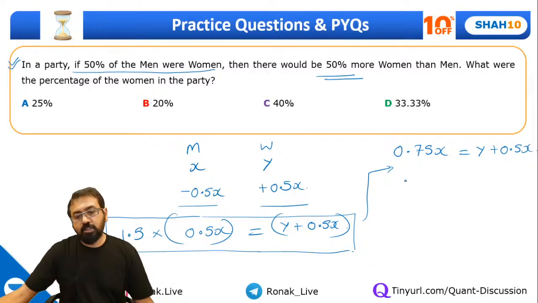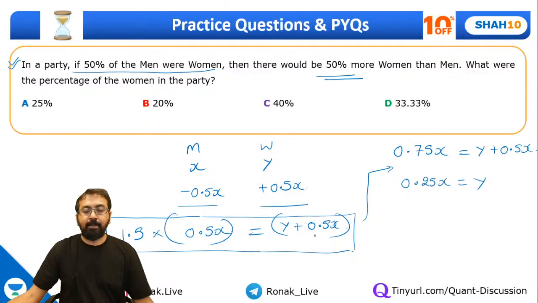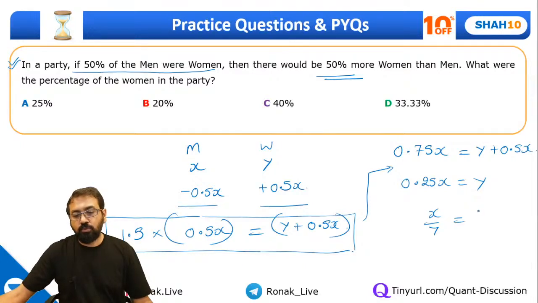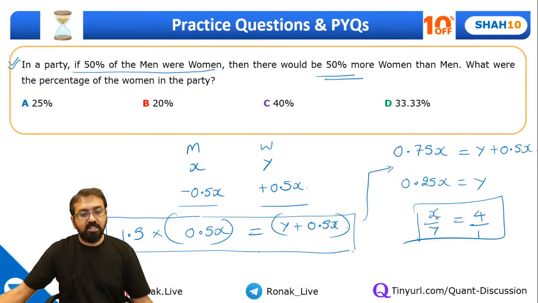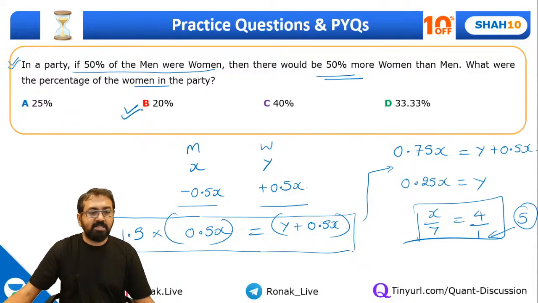So if you solve this, you will get 0.25x is equal to y, or you can say x by y is equal to 4 by 1. What do we need to find out? The percentage of women in the party. Can I say out of total 5, 1 was woman, so it is 20%? Correct? So it will come out to be 20%.